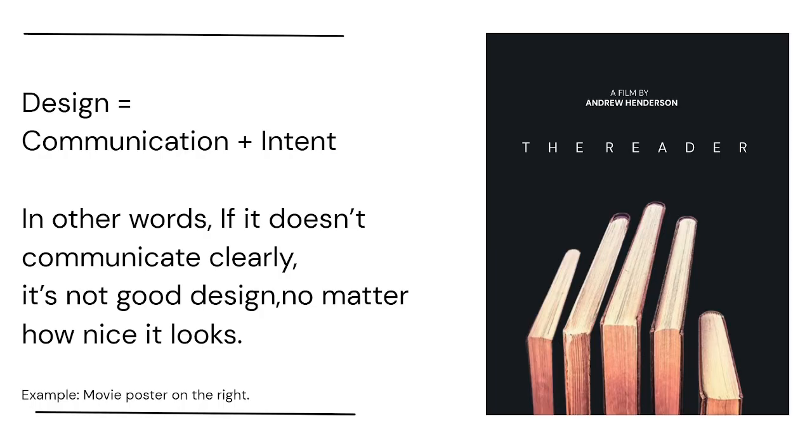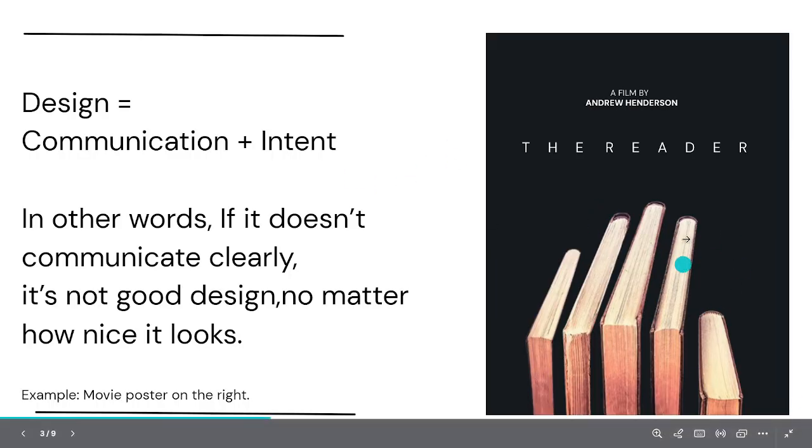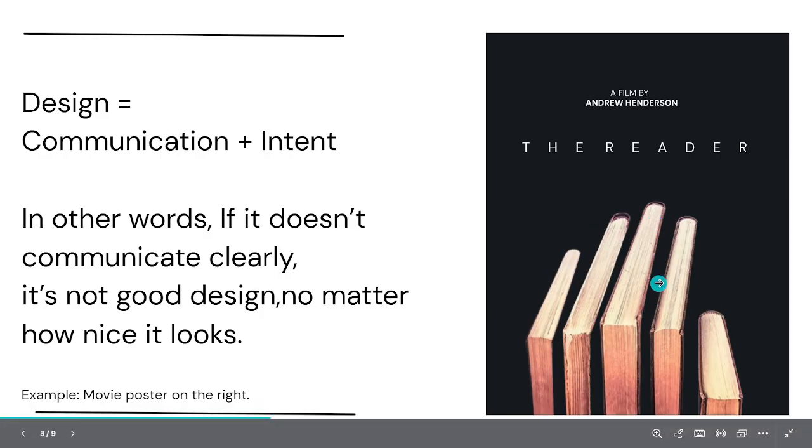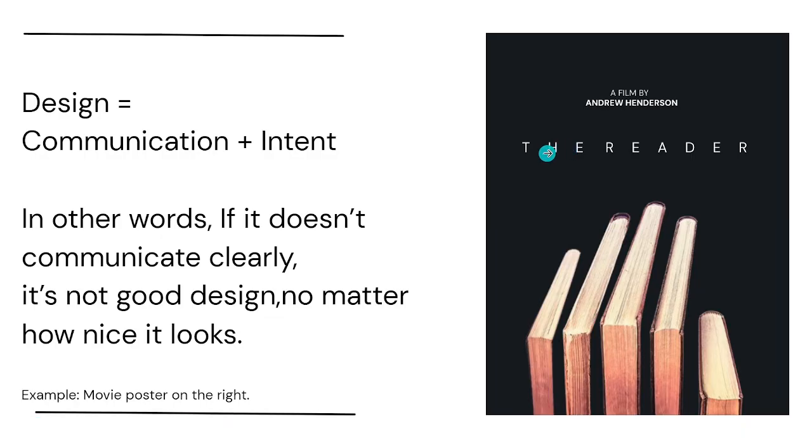For example, the poster on the right, as shown on my screen, is an example of a movie poster, and it's an example of a good design in the sense that merely looking at this, we can see books packed in this section in the middle of the poster, and in the middle we have something that says The Reader, and at the top section we have a film by Andrew Anderson.